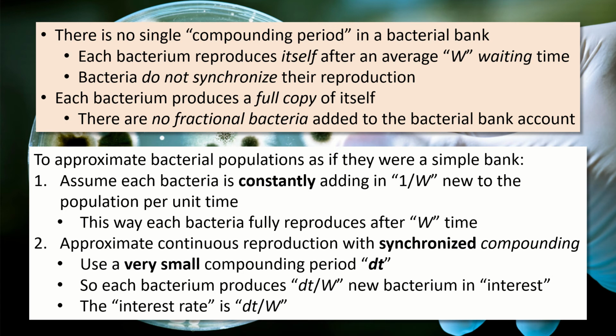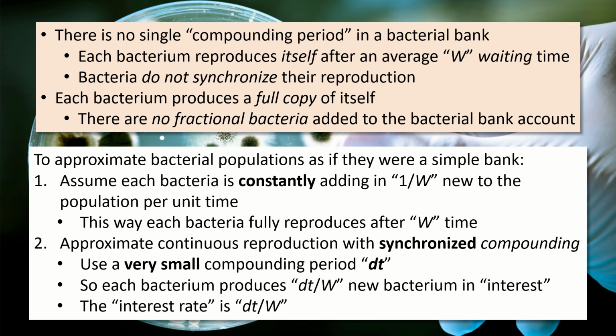So for every DT time period, all of the bacteria are oozing out this small flow of new bacteria, and then at the end of my DT compounding period, I pool together everything they've oozed out and add it back to the population, and then let that new population ooze out for another DT time period. So I'm creating a compounding interest period that is artificial, but my claim is that if I make this compounding period small enough, this will be a good approximation of what is happening on average with the bacteria.